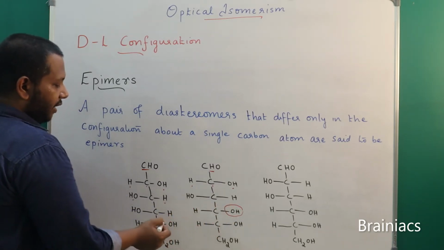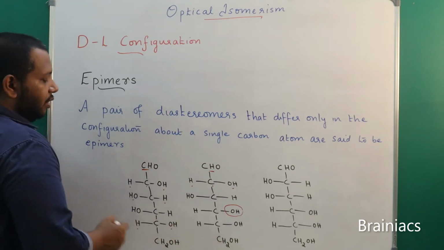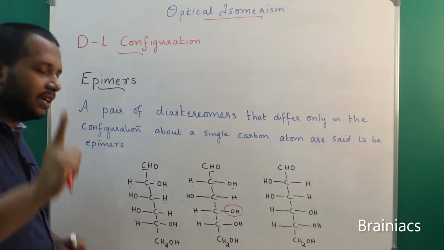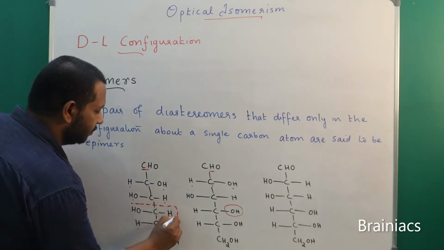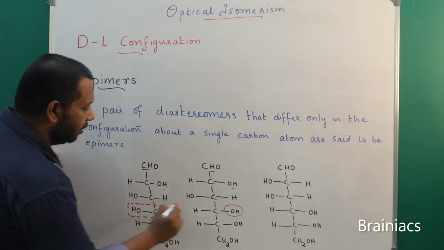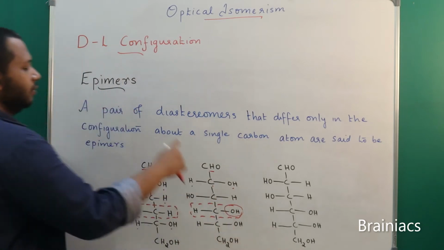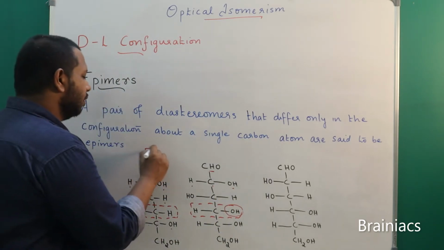And fourth one I am checking OH on the right, here also on the right. So between these compounds they differ only at one chiral center in the OH position. Here they are differing. Such a pair of compounds are called epimers. So we can say these two are epimers.